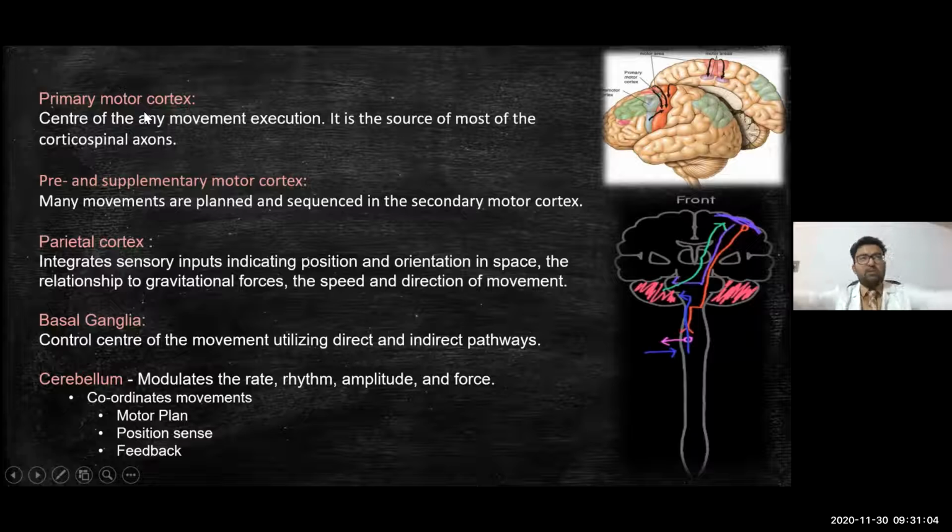Before describing how these things work, I want you all to imagine that we are trying to make one movement. For example, I'm going to grab this bottle. Although it looks very simple, it is a very complex thing, from an eagle eye view.